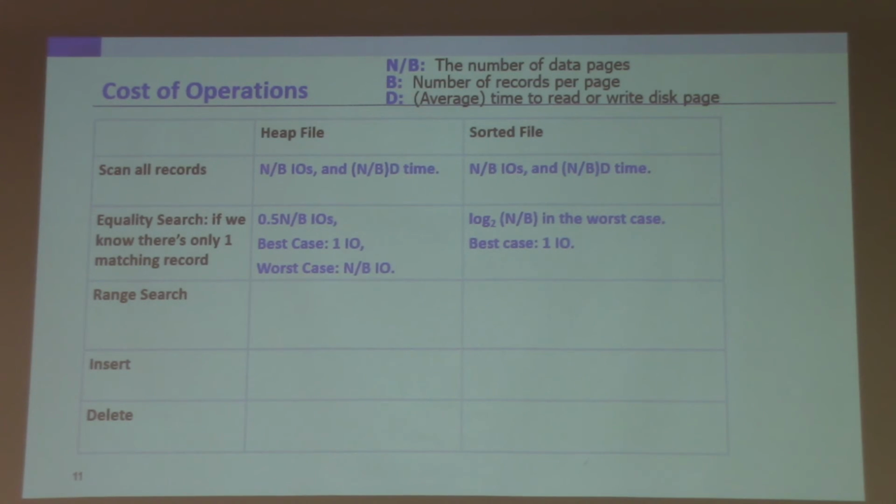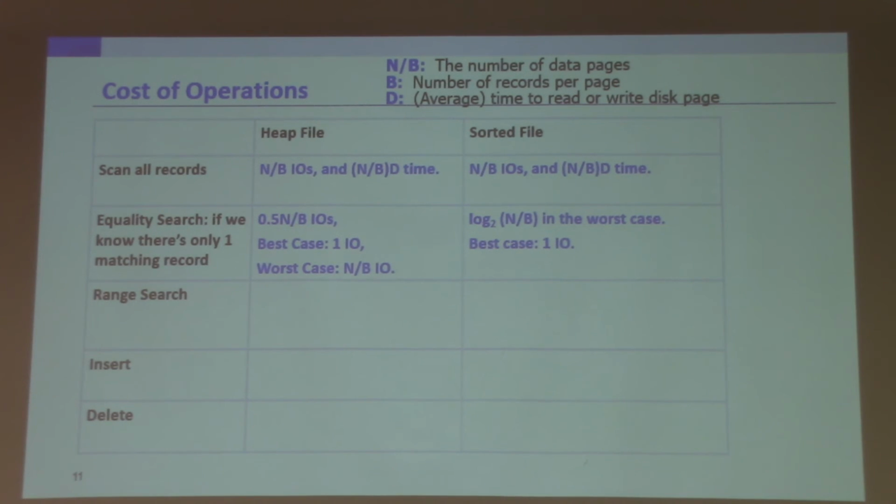Okay? Now, what about range search? Range search occurs like this: select from student where student ID is greater than 100 and less than 1,000.